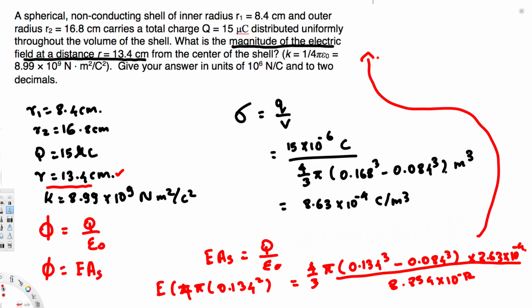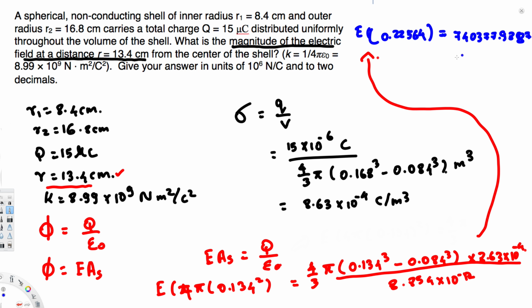Okay, now let's simplify everything. So E times, if you calculate this value you should get 0.22564, that's going to be equivalent to this value. If you calculate this value you should get 740,377.9887, right?